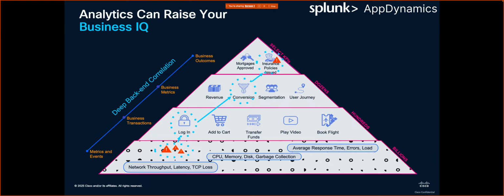So for the sake of example, say you're having problems in your network throughput, say the application's running slow and it's not allowing people to log in. Now, say for this example, you're an insurance company. You have a certain flow that people go through called conversion. And at the end of that flow, it almost always results in a revenue-generating key point of interest for you, which is, did a policy get issued?